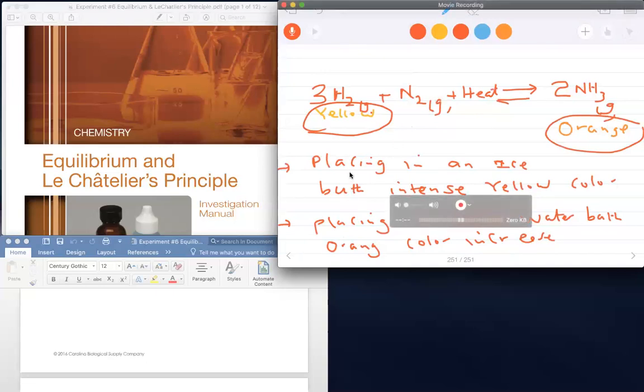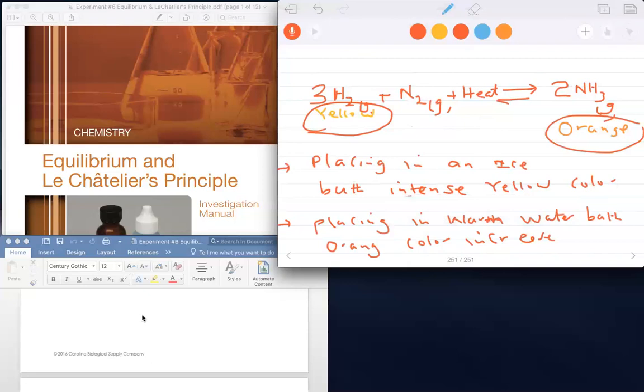You see, in placing in an ice bath, yellow color, that means you are removing what? You are removing heat, and it will shift in this direction, and more of this will be produced, while the system is trying to replenish whatever you are removing. So it's gonna shift in this direction. Removing a reagent will shift in that direction.